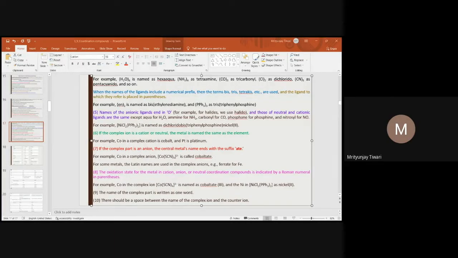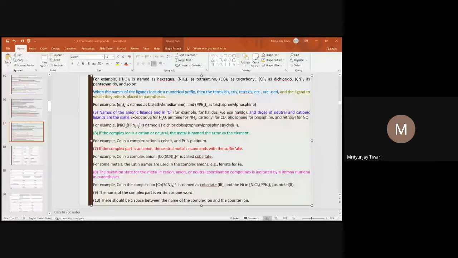Chlorine is there, and chloro comes before triphenyl phosphine, since C comes before P. So this is dichloro, then bis, and in parenthesis we write triphenyl phosphine to represent this ligand, and then the name of the metal, as you can see in this case. If the complex ion is a cation or neutral, the metal is named the same as the element. This is one example.